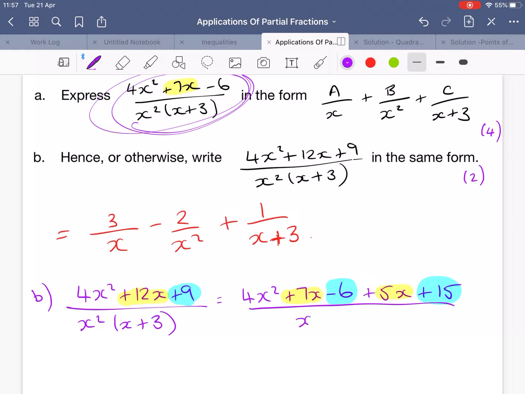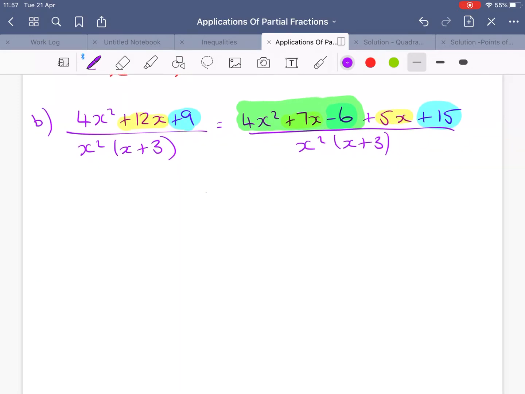And all of this is over my x squared times x plus 3. So again, this was my original bit from up here, and I needed an extra 5x and an extra 15 to get my second fraction. So scroll up now.